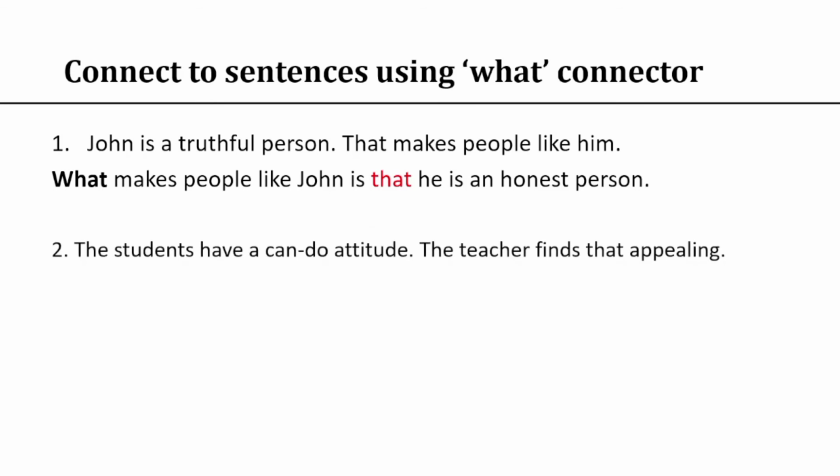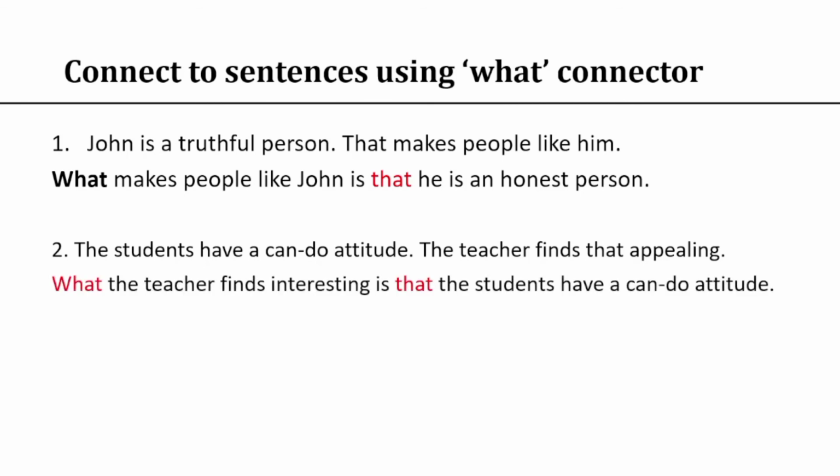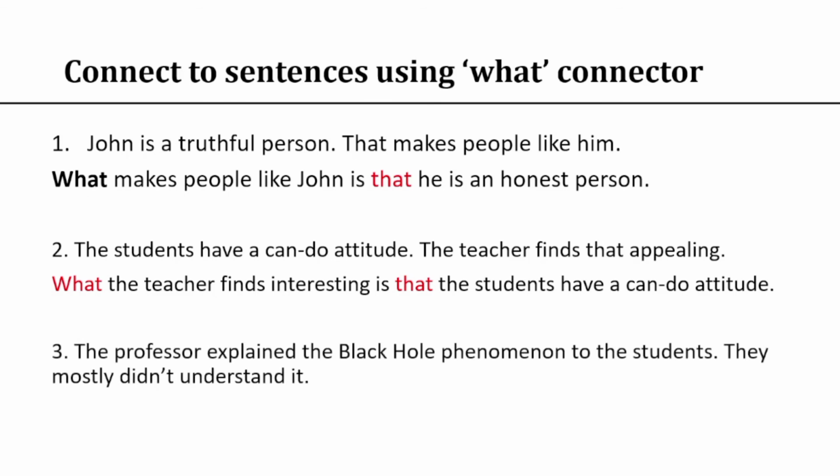And then the second example, the students have a can-do attitude. The teacher finds that appealing. What the teacher finds interesting is that the students have a can-do attitude. Okay, so here the same. And the third one, the professor explained the black hole phenomenon to the students. They mostly didn't understand it.